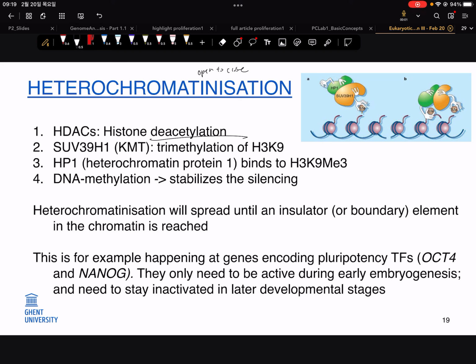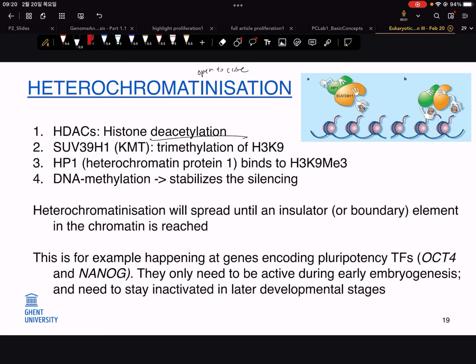So this is a process that happens. You see it happening here, all those nucleosomes continuously, one by one. It spreads, let's say. It goes over the chromatin. Those two partners, HP1 and SUV39, will do that at a specific location and will heterochromatinize, will convert the chromatin into heterochromatin.